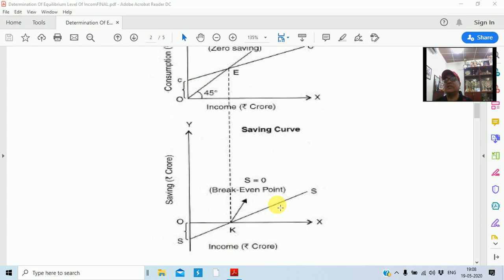That we'll discuss further. When we calculate MPS, it remains constant. That's why the saving function is an upward sloping straight line. This is how we derive the saving function from the consumption function.